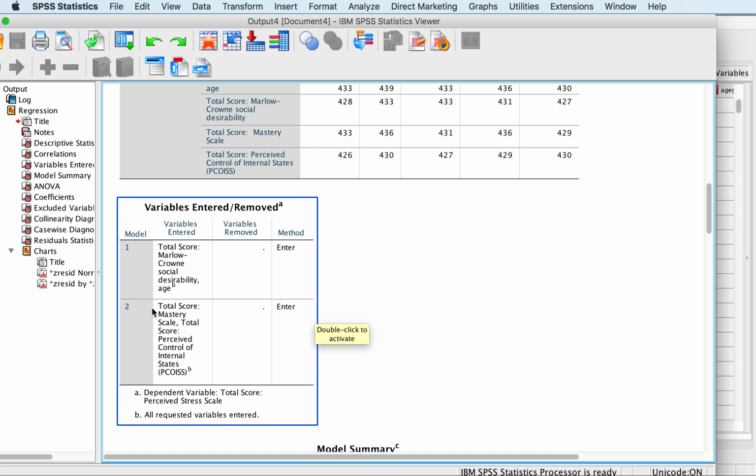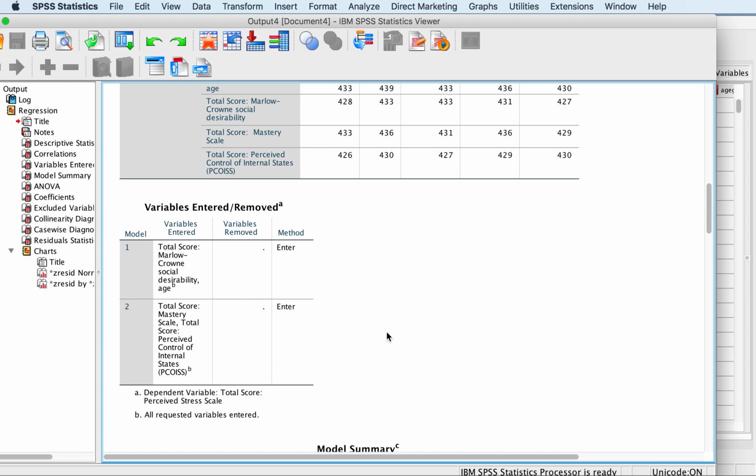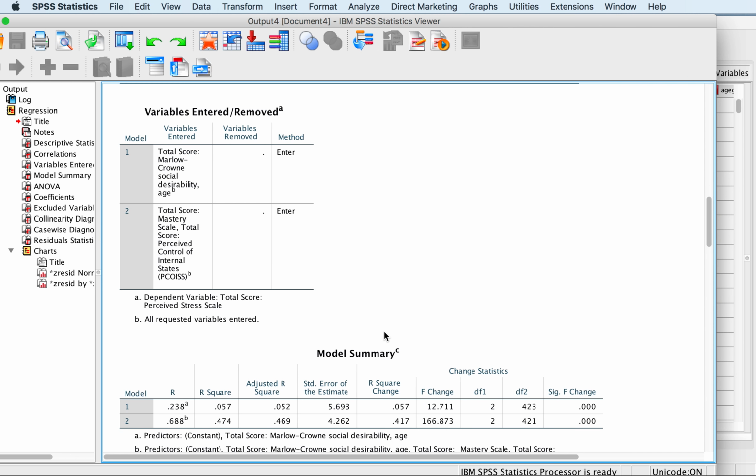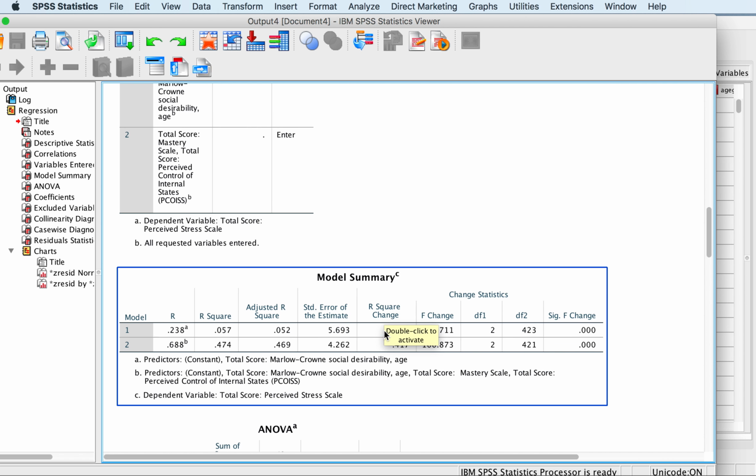Then you go to Model 2, which includes all four: the mastery scale, the total score perceived control of internal states scale, plus these two that were already in there. Sometimes folks look at Model 2 and think it's just these two, but actually you're adding these two to the variables already there.